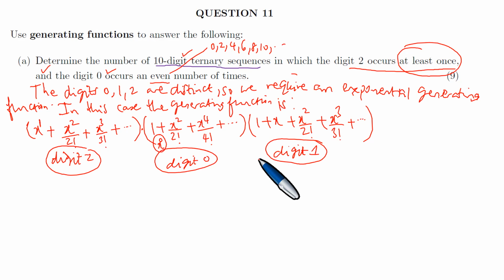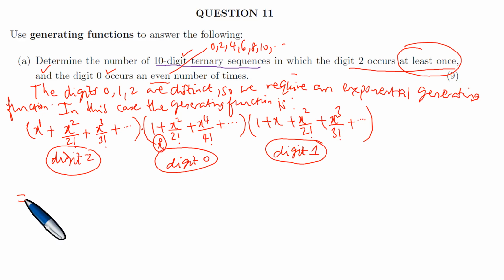Continue. So what does it mean? It means that there are no restrictions on the 1. So you take a general exponential generating function. Let's multiply these things.